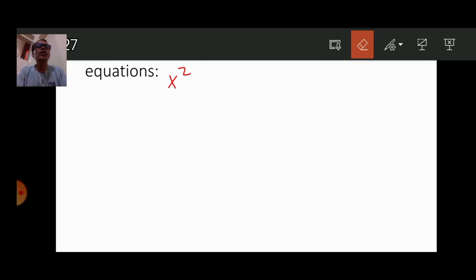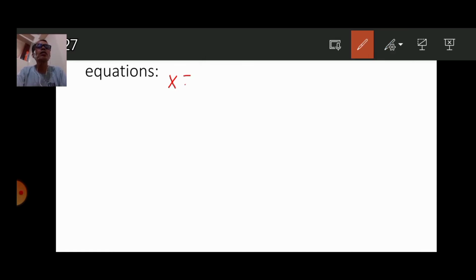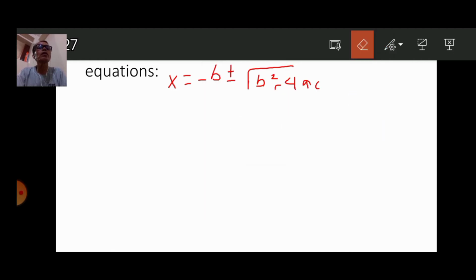From the quadratic formula, x is equal to negative b plus or minus the square root of b squared minus 4ac, all over 2a.